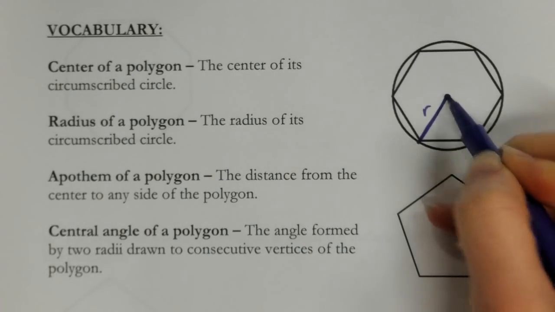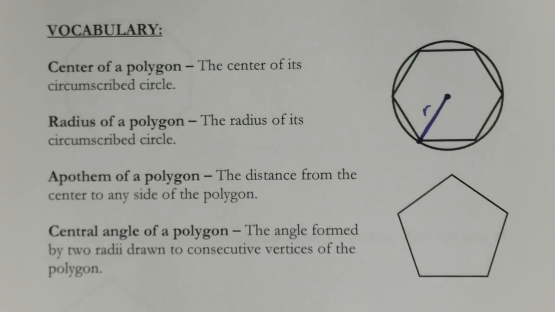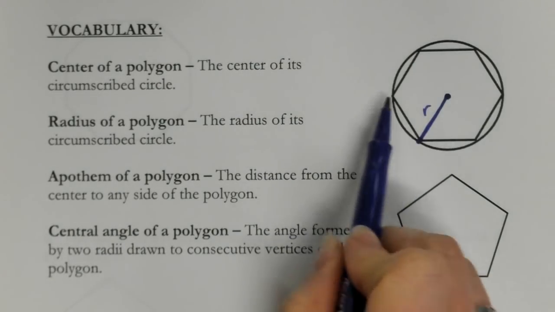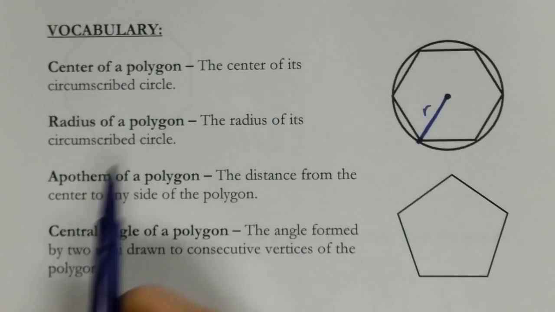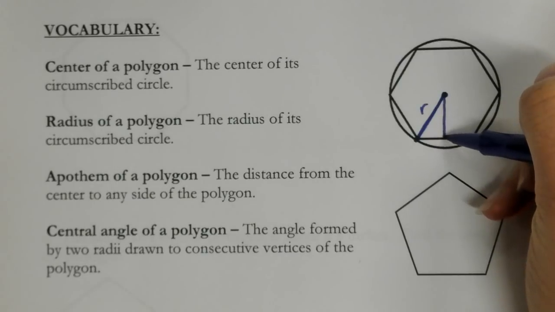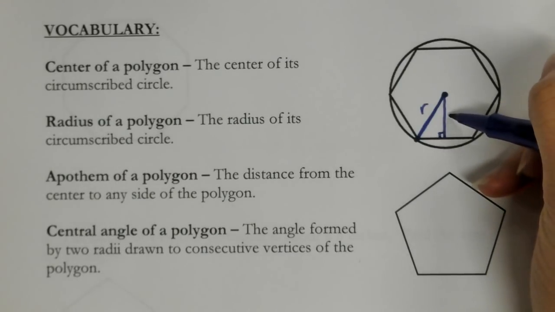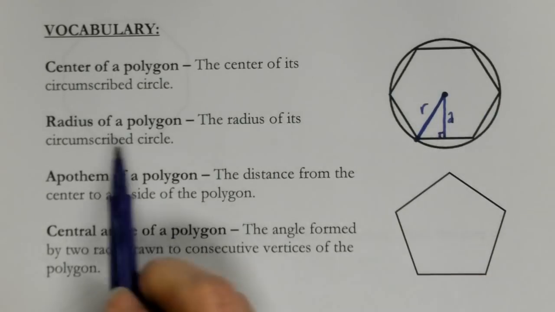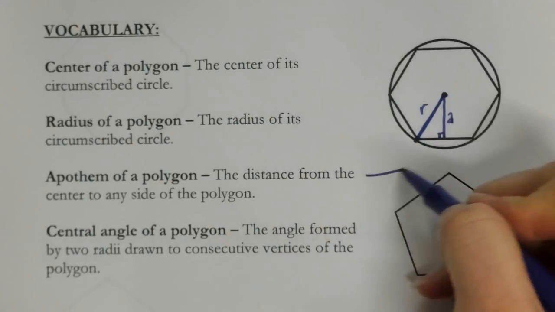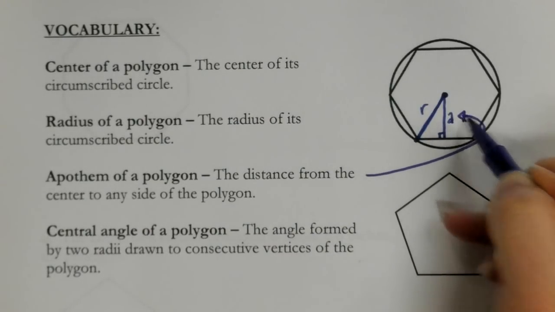circle. So it goes from the center to the edge of the circle, which is the vertex of the polygon. An apothem is this distance right here. That's an A. So the apothem is the distance from the center to any side. So that is right here.